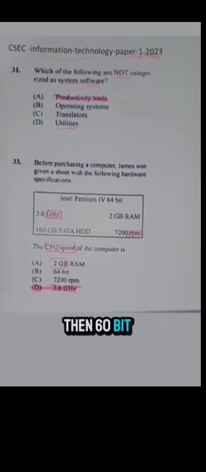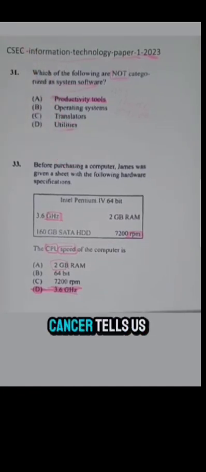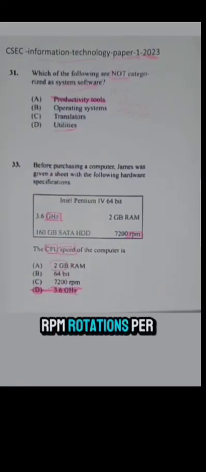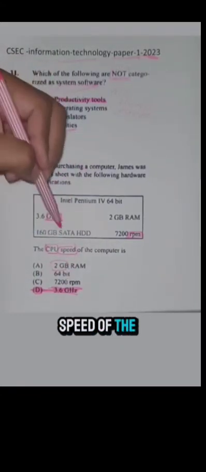CPUs used to come in 8-bit, then 16-bit processors and 64-bit processors, and they go up the ladder like that. So 64-bit is not the answer that we're looking for. And C, 7200 RPM, rotations per minute, would be the speed of the hard drive.